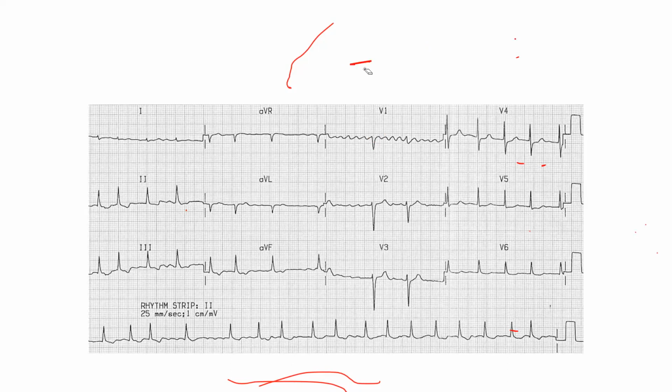You can't identify the P waves because they are absent because of the fibrillating atrium. So it is very difficult to identify a P wave in atrial fibrillation, or rather absence of P waves is a classical feature of atrial fibrillation. So when the heart rate is less than 100, we call it AF with normal rate. When it is nearly touching more than 140 or 150, it is going to be AF with rapid ventricular response.